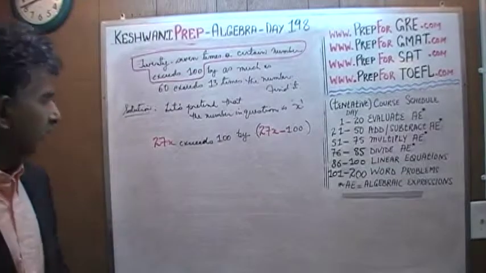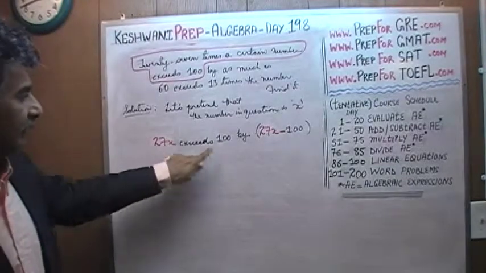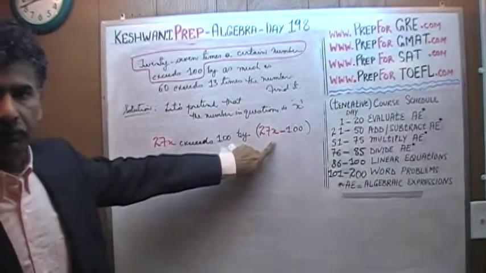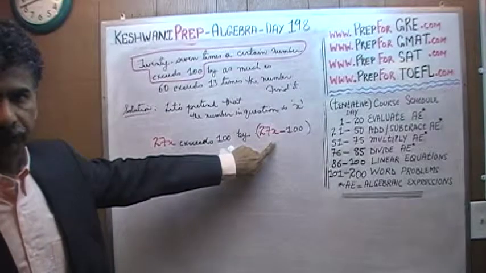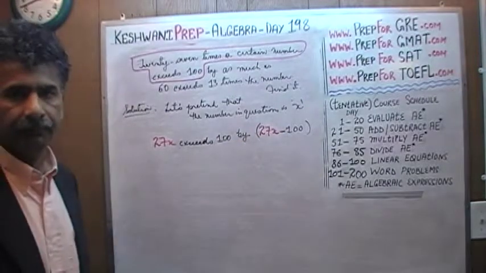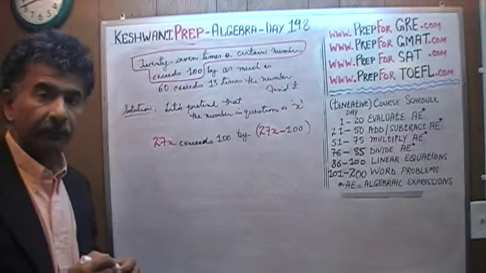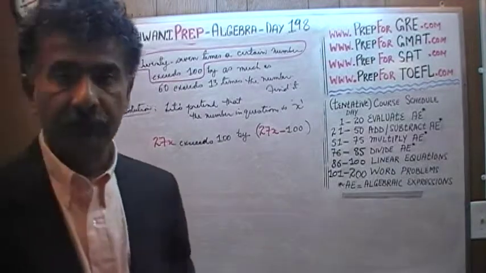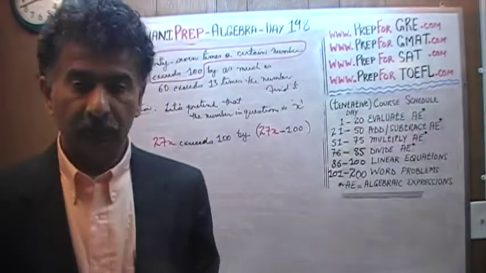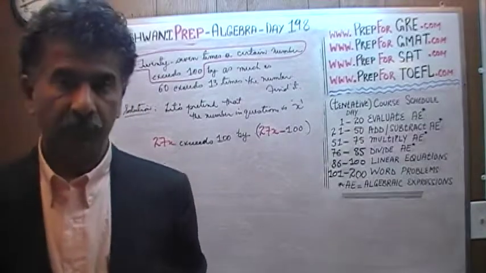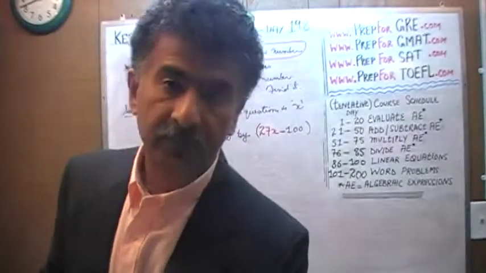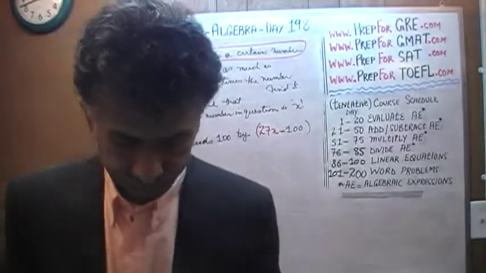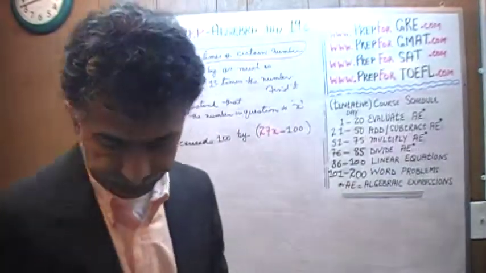That's the notion. 27x exceeds 100 by whatever this quantity is, 27 times x minus 100. Take away 100 from it, that difference of 27x and 100 will manifest the amount by which 27x exceeds 100.